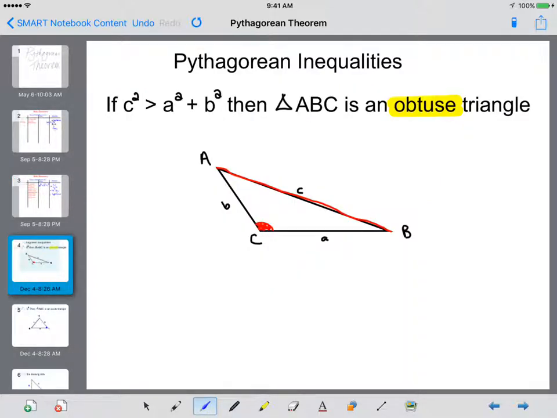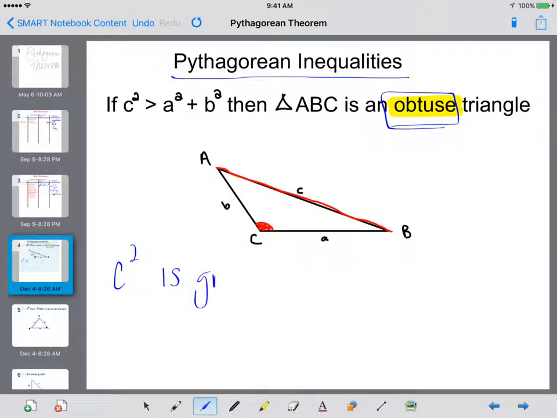This one's written a little bit differently, but you can put in Pythagorean inequalities, obtuse triangle. That'll be the definition you're looking up. In your definition, you could say if c squared is greater than a squared plus b squared, then the triangle is obtuse.